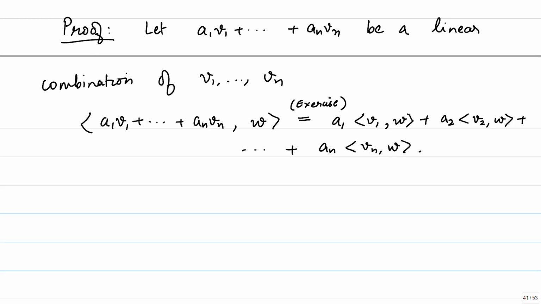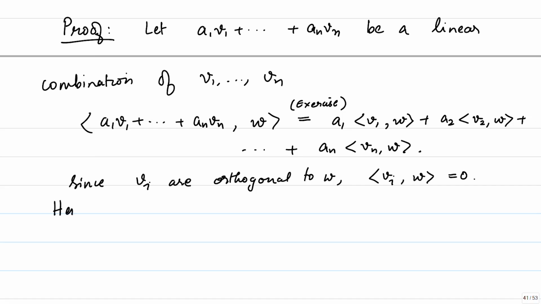But what do we know about the vi's? Each of the vi's are orthogonal to w. Since vi are orthogonal to w, the inner product of vi and w is equal to 0, and hence the inner product of a1 v1 plus up to an vn with w will just turn out to be the 0 scalar.